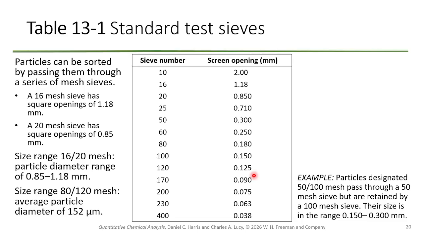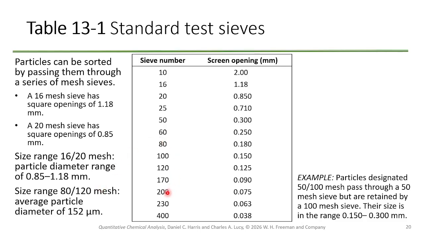Though window meshes would also work as sieve meshes. Now, a 16 mesh right here has square openings that are 1.18, and that's where that matches up. Okay, notice that the sieve number, the mesh right here, the larger the mesh, the smaller the opening, because it actually is referring to the wire.